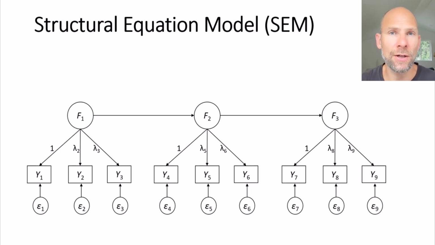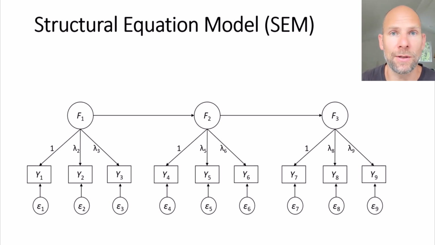So a structural equation model then has a structural or latent variable model that consists of more than just covariances between the factors. We can also have covariances. So we could have, for example, also a situation where f1 and f2 both predict factor f3, so they both have a direct effect on f3, but we're not assuming that f1 causes f2 or f2 causes f1, but rather we're only estimating a covariance between the two.